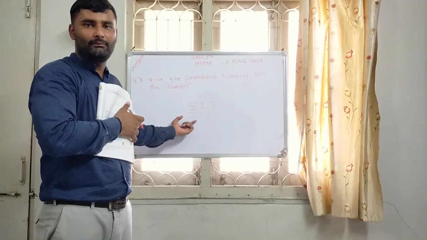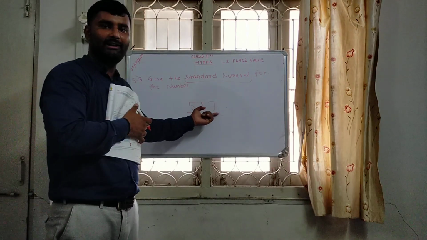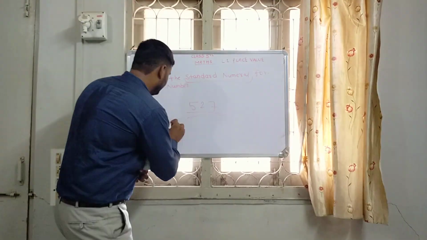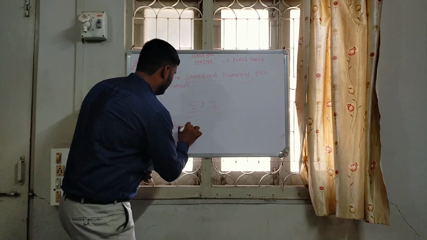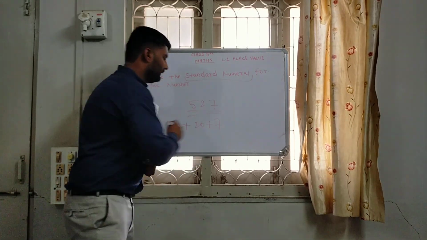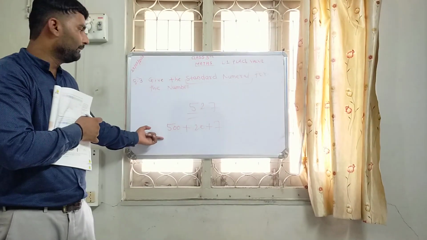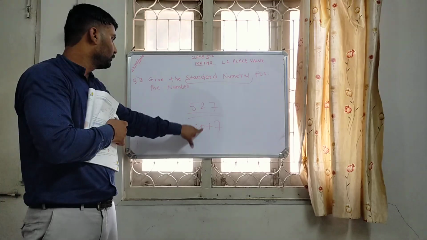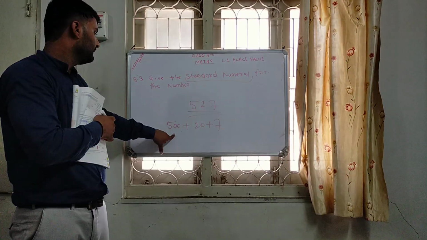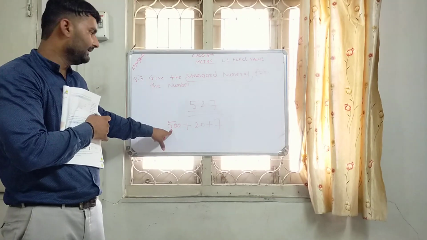This is a 3-digit number, that makes 527. Okay. So this is the expanded notation of this number. 7 ones, 2 tens, and 5 hundreds are there.